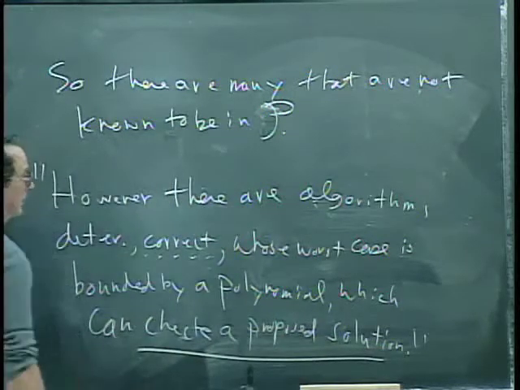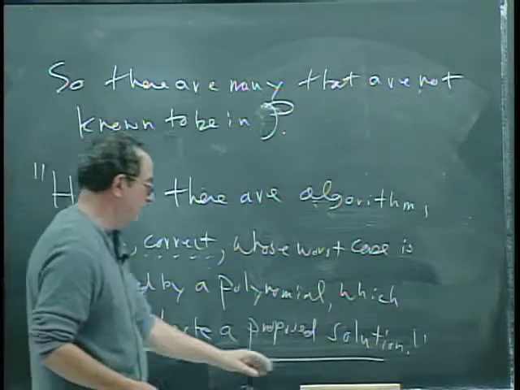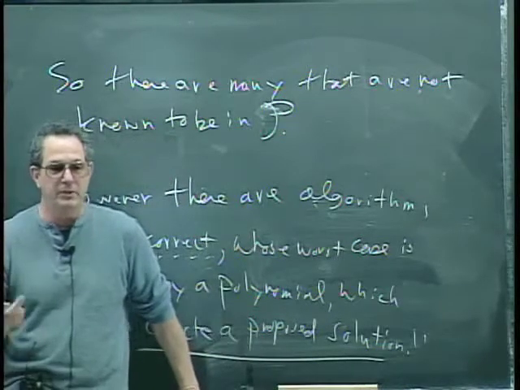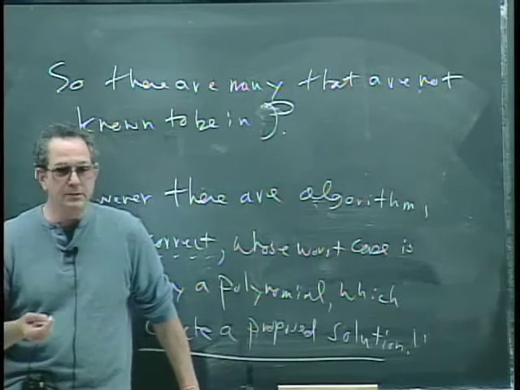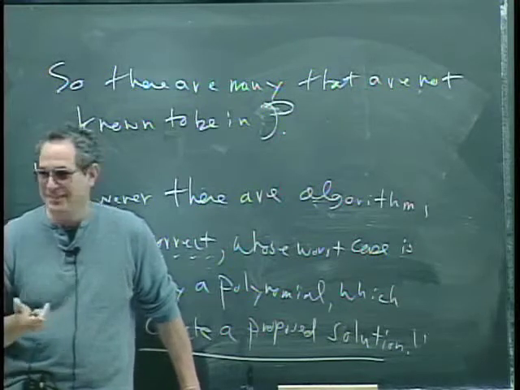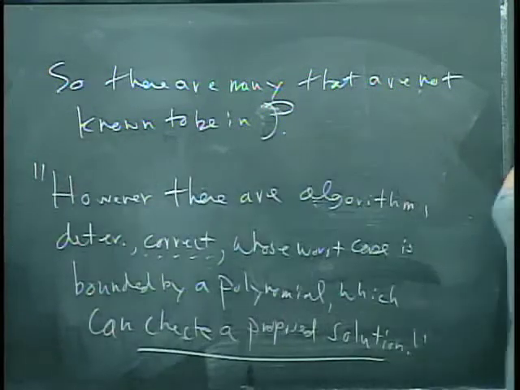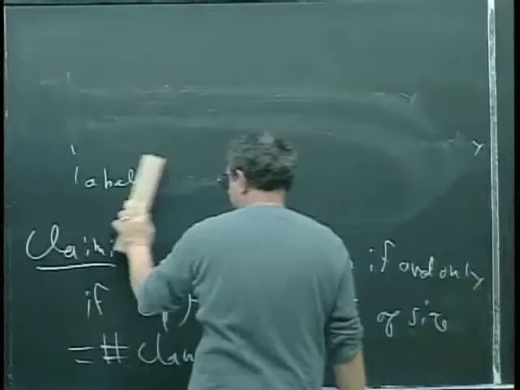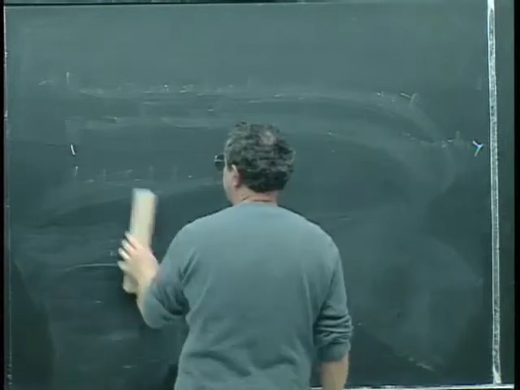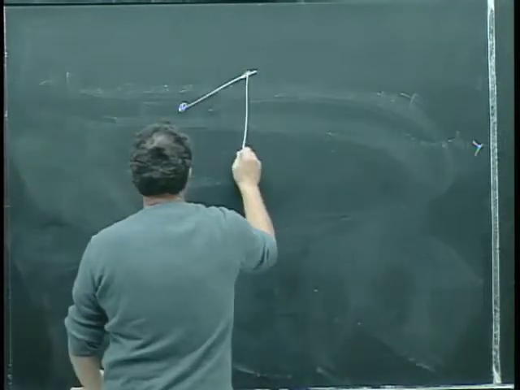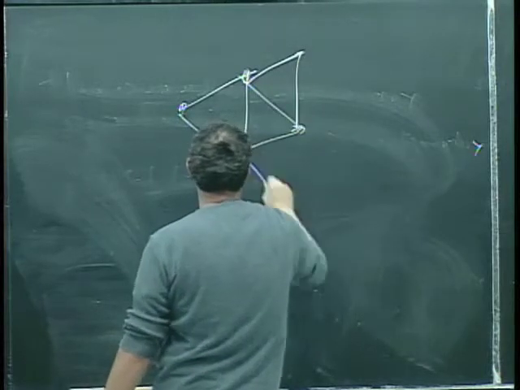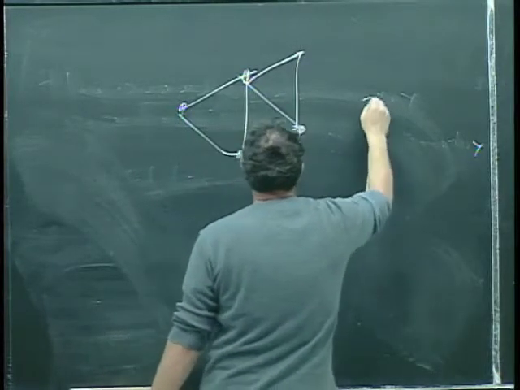So let's think back. Take your favorite of these three problems that we've talked about: independent set, vertex cover, or satisfiability. Who has a favorite? Okay, vertex cover. Good. So an instance of the vertex cover problem is a graph and a target, 3.